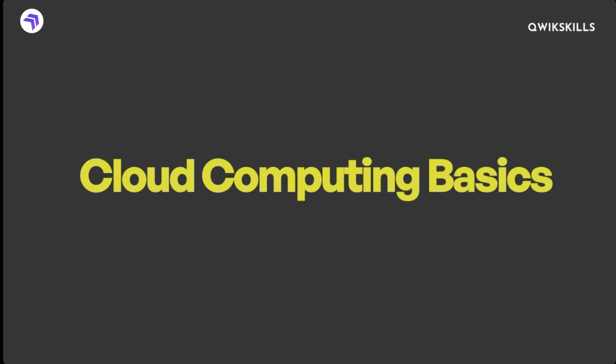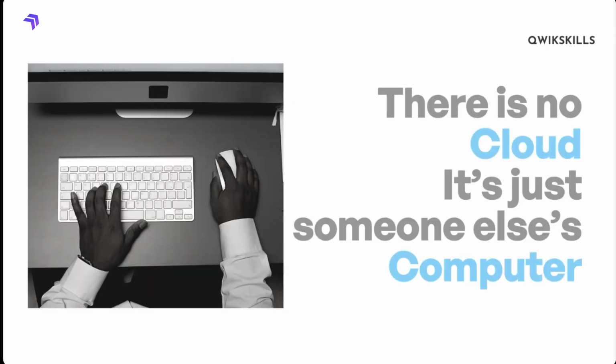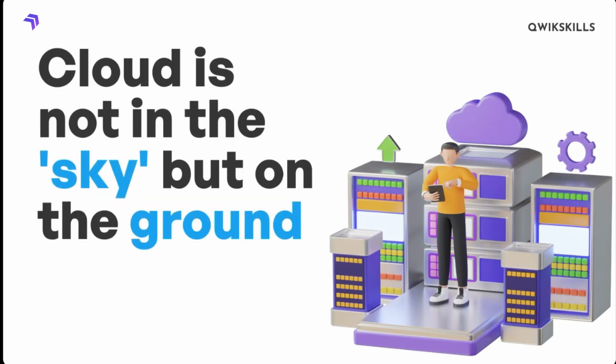Now, further moving with your cloud computing basics, what we are doing is basically you have to set an understanding. Just like we said in the previous slide that it is someone else's computer, you should understand that this cloud is not located in the sky.